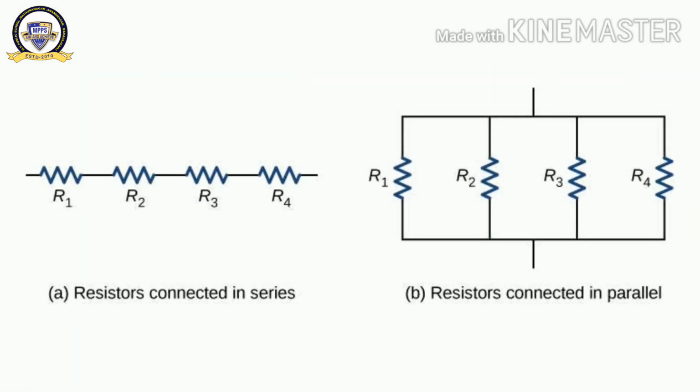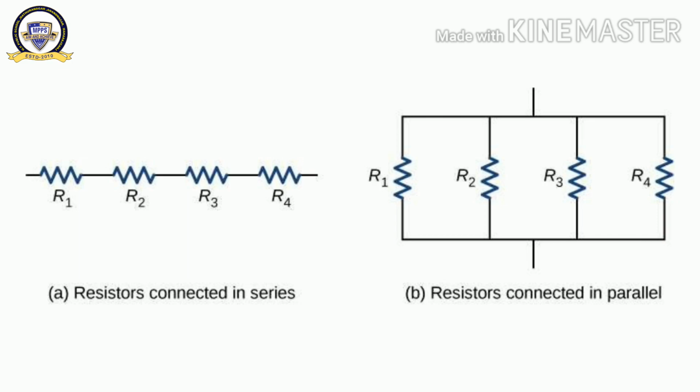Now by seeing a figure we will clarify whether the figure contains series combination or parallel combination. In the first case you will observe that the resistors R1, R2, R3 and R4 are there. These resistors are connected in series because the second end of the first resistor is connected to the first end of the second resistor, and the second resistor is connected to the third resistor.